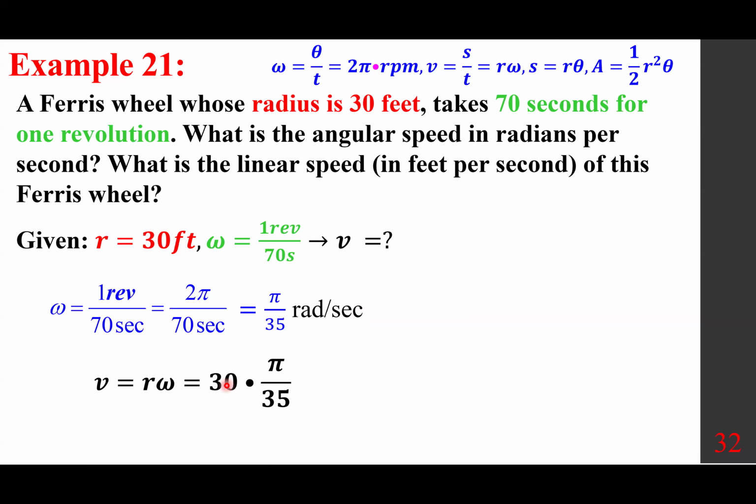R is 30, omega is pi over 35. We get 6 pi over 7 precisely, roughly 2.7 feet per second. That is the linear speed, everybody.